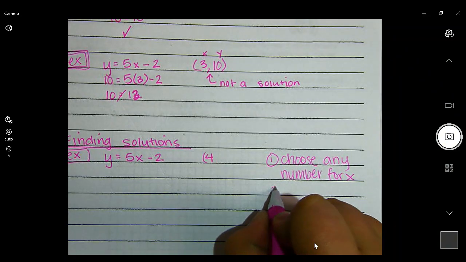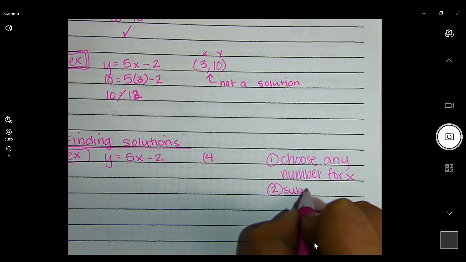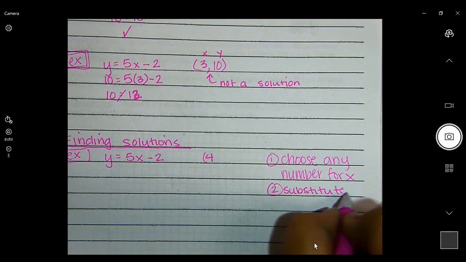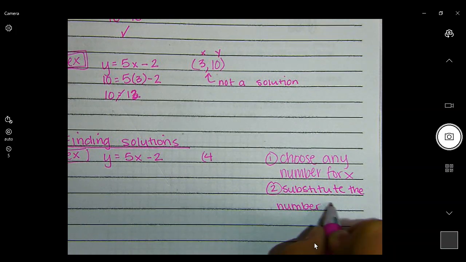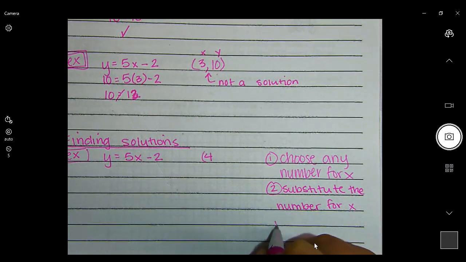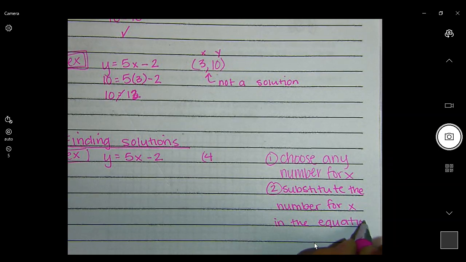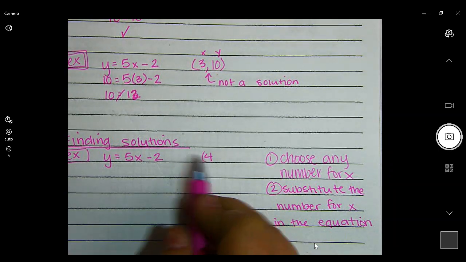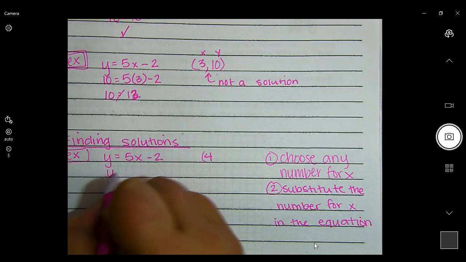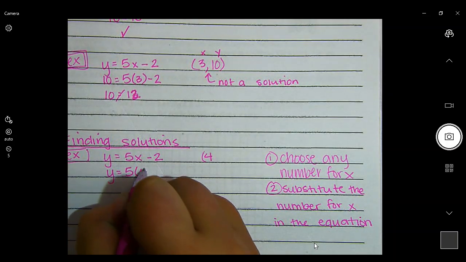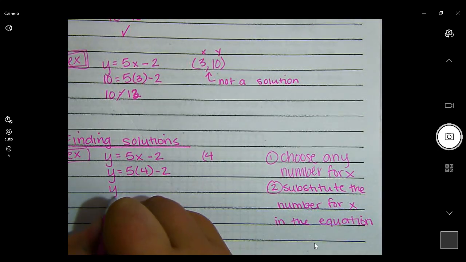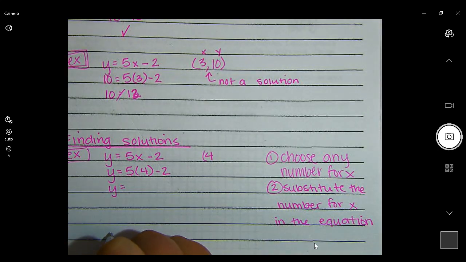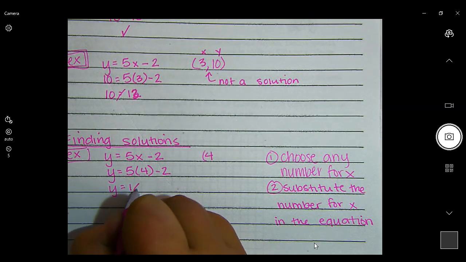Okay, now I'm going to substitute the number for x in the equation. Okay, so I'm going to put 4 in for x. So y equals 5 times 4 minus 2. Okay, y equals 5 times 4 is 20 minus 2 gives me 18.